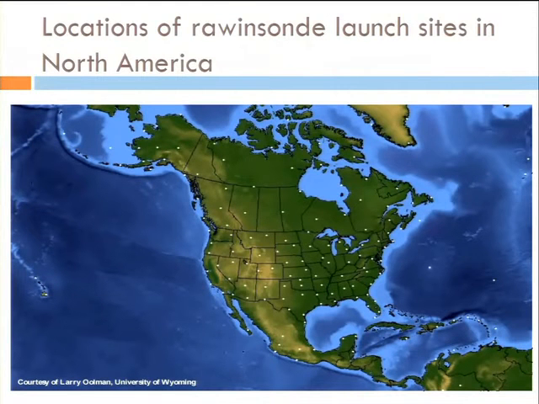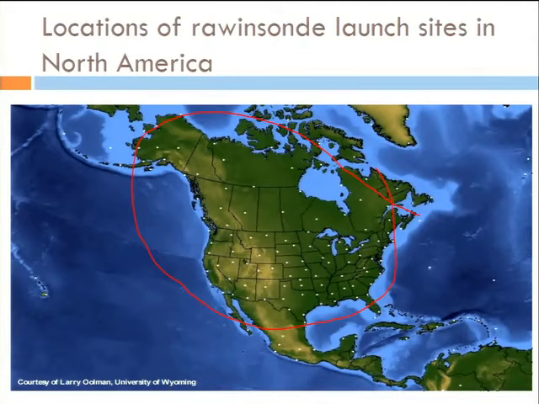This is the location of the weather balloon launches across North America. And so you can see that there's a lot fewer of them than there are surface stations. All right, so we don't launch as many weather balloons as we have surface stations, but we have a pretty periodic coverage across most of North America.